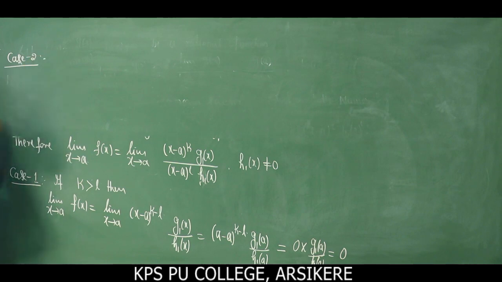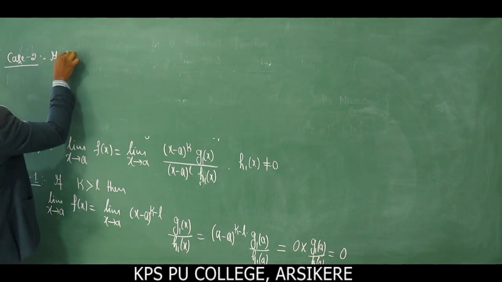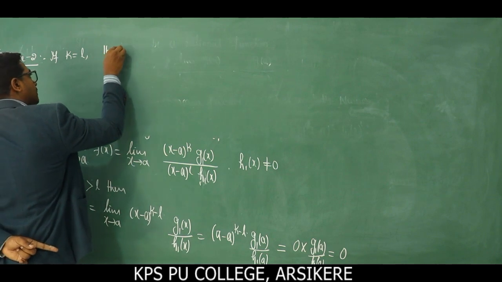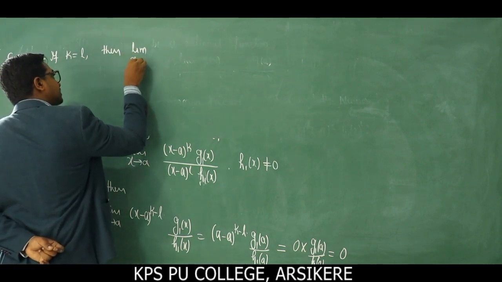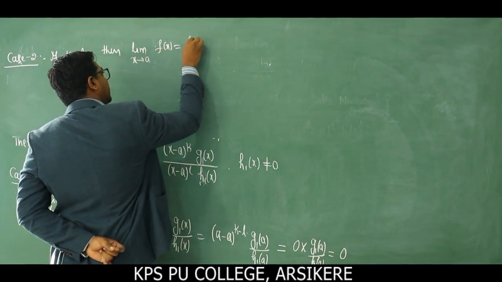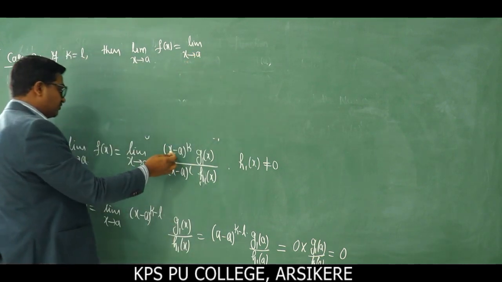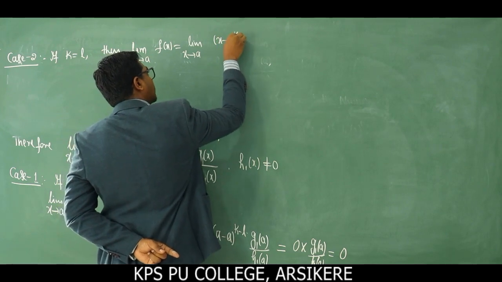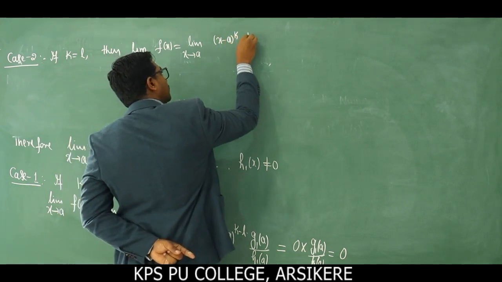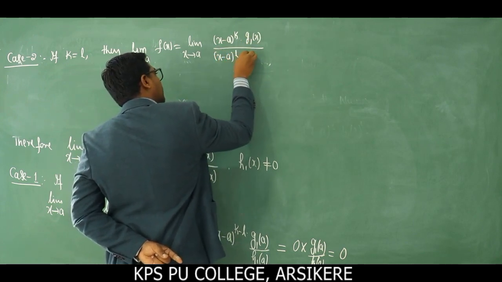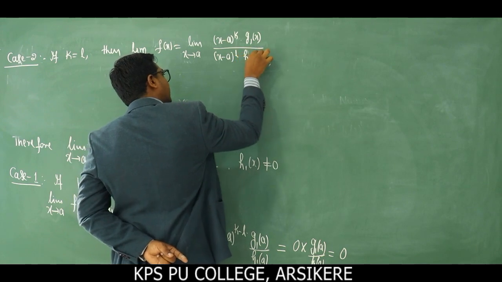Case 2: if k is equal to l, then limit as x tends to a of f of x, after simplification, we obtain (x minus a) whole power k into g1 of x divided by (x minus a) whole power l into h1 of x.